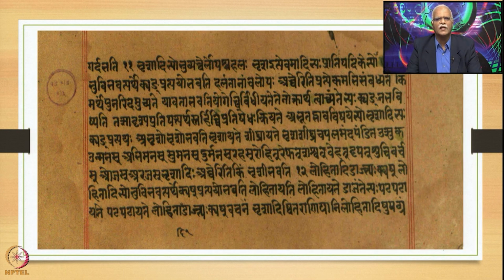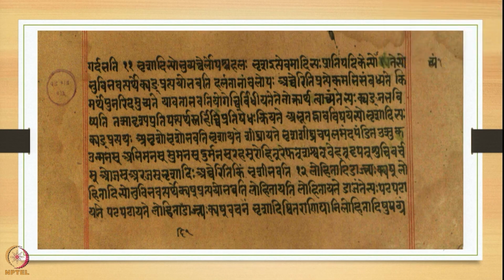Here is another clearer picture in which also there are no visible marks indicating the end of a particular unit. And so even here we would need information about sandhi in order to separate units. Here you see numbers 11 and 12.